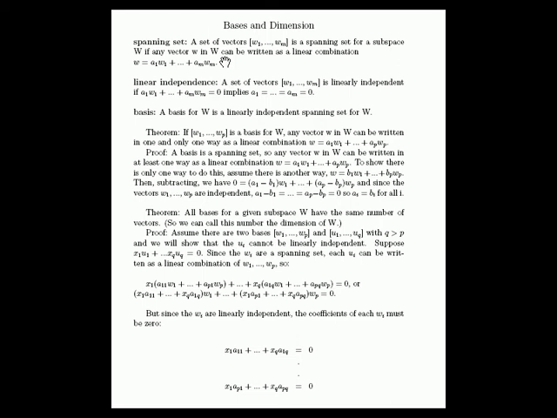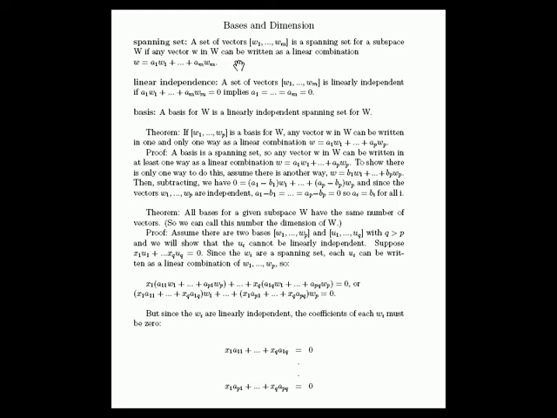Any vector in that space can be written as a linear combination, for example, of i and j, where i is the usual vector 1, 0, 0, j is 0, 1, 0. Any vector x, y, 0 can be written as x times i plus y times j. So i, comma j are two vectors that form a spanning set for that two-dimensional subspace.